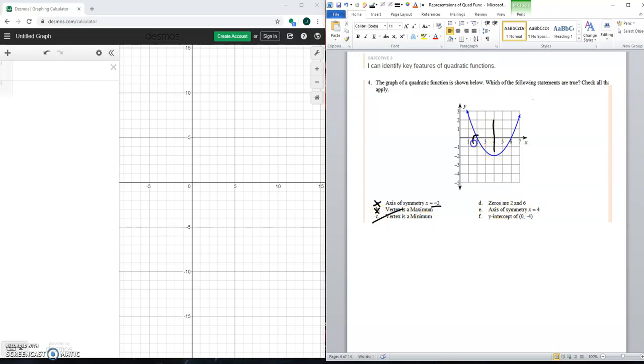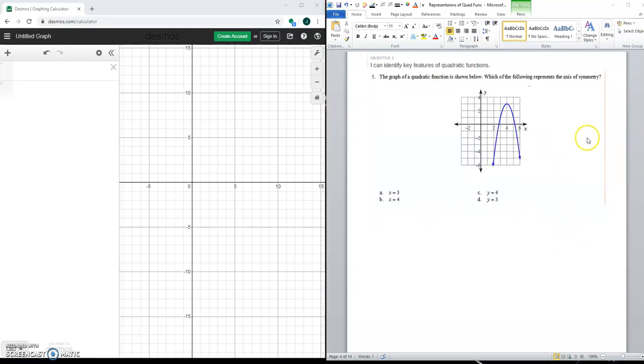Zeros are 2 and 6, so those are your zeros of a function. Axis of symmetry is at x equals 4. And then the y-intercept, which is 0, negative 4, is right here. So this is going up, so that cannot be. So your answer is C, D, and E.